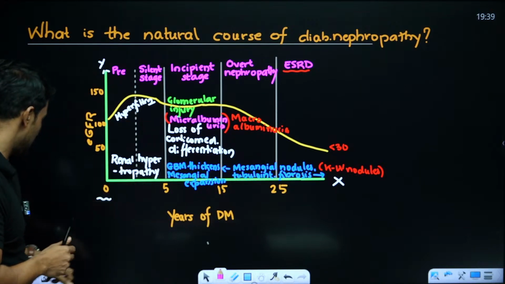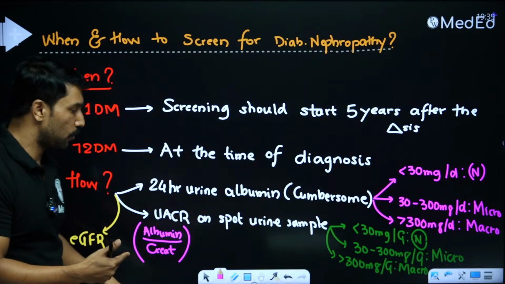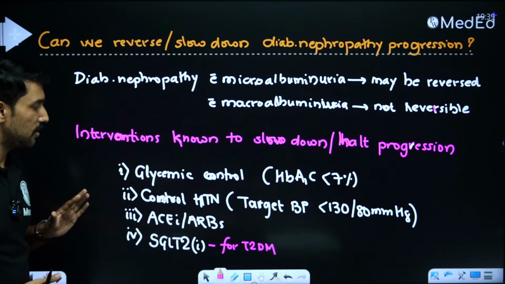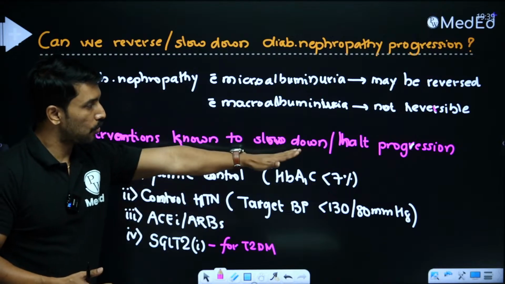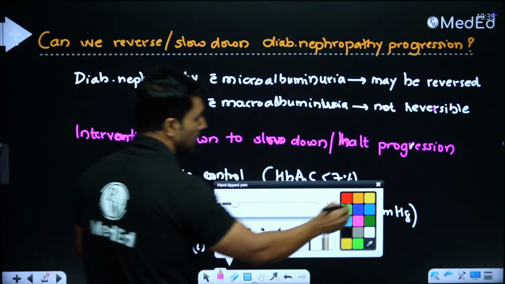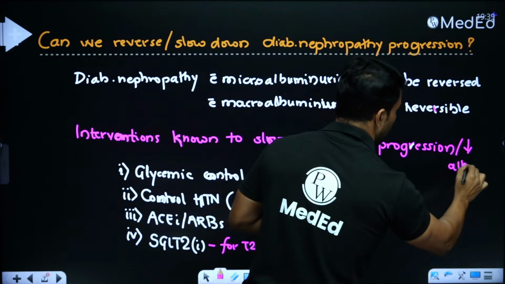How do I achieve this slowing down of progression? We learned about the drugs, right? ACE inhibitors and SGLT2 inhibitors are known to slow down or halt the disease progression and decrease the albuminuria. So when I say halt disease progression, that also means decreasing albuminuria.